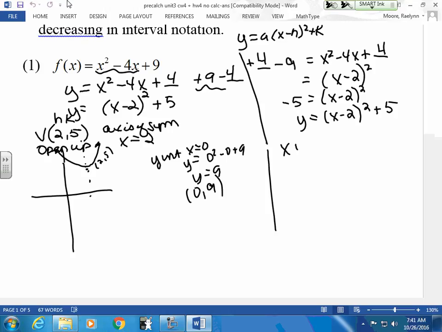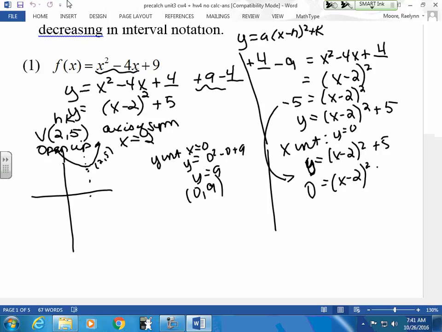Now your x-intercept, very nice. We'll take this one right here. Or if you took yours, we'll set this equal to 0. If you guys did it this way, you are right here at this one.